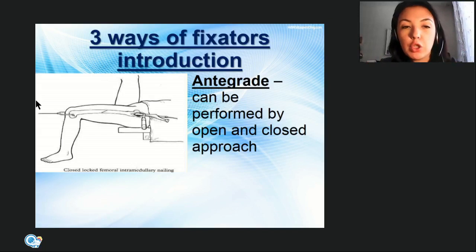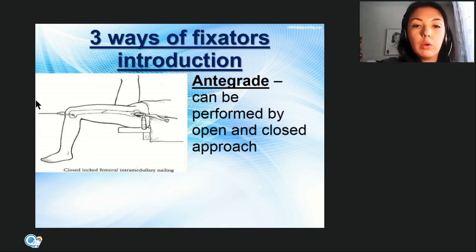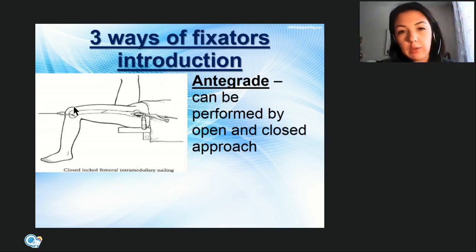So we perform the reposition, providing skeletal traction, and then through the closed approach we perform antegrade introduction of the fixator. I hope it's clear.